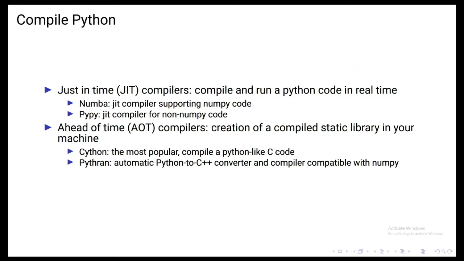Cython is the most widespread project for compiling Python-like code and then calling it from Python. Many of the different extensions that you might be using are developed in Cython. Even NumPy has some Cython code.